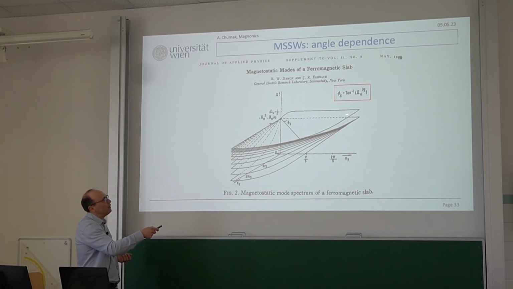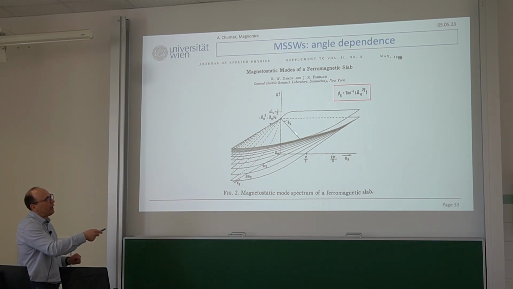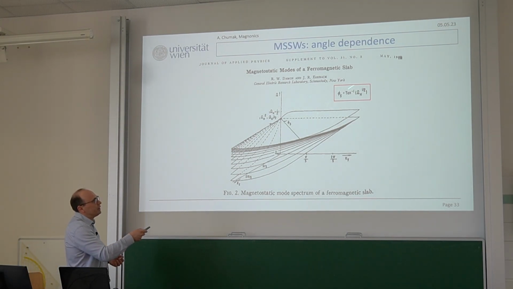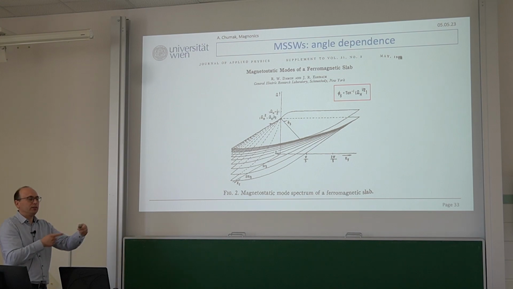Damon-Eshbach exists only in some range of angles, from 90 degrees, when the wave is running perpendicular to the applied field, up to some critical angle phi s, which you can find as tangent minus 1 of the square root of omega h. Omega h is principally our omega h, so it depends on the field. So keep in mind that Damon-Eshbach can run only in a given range, and you can control this cutoff.